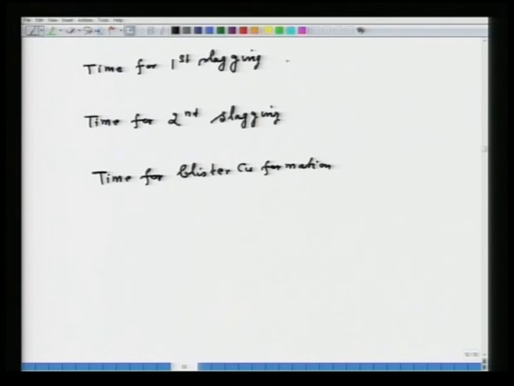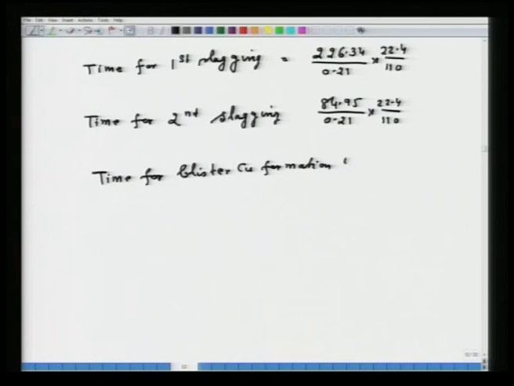Because the air is blown at a rate of 110 cubic meter per minute, the time for first slagging is 226.34 upon 0.21 into 22.4 upon 110. Here it will be 84.95 upon 0.21 into 22.4 upon 110. Here it will be 162 into 22.4 upon 0.21 into 110.